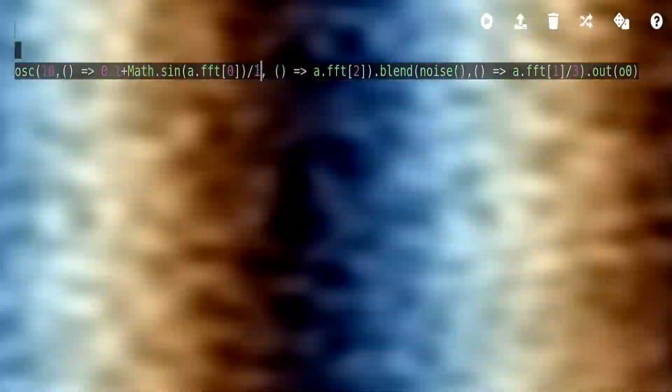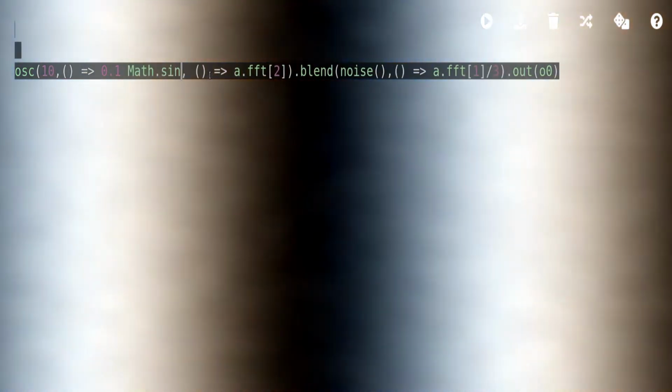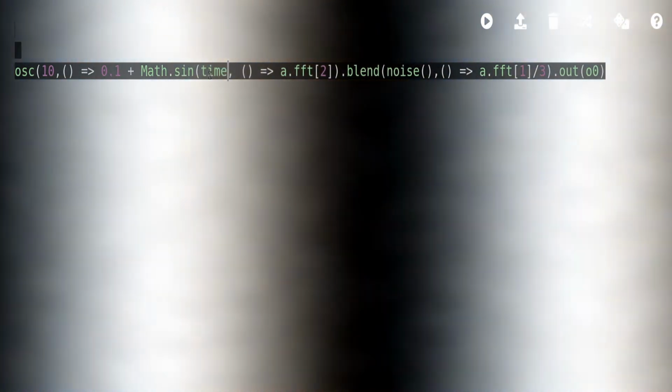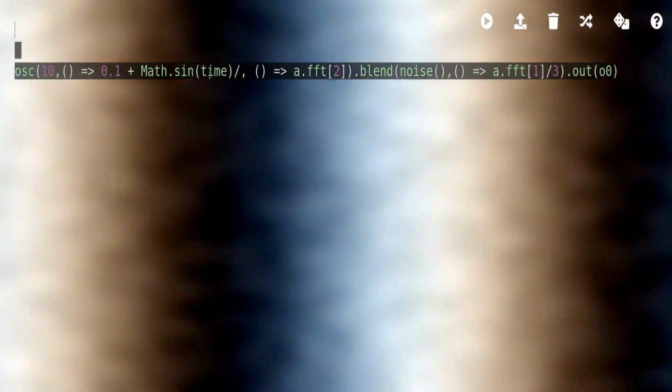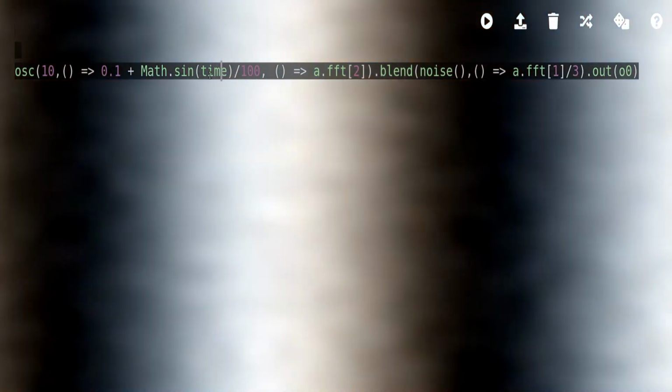Jeez, it's still flashing really hard. That doesn't make any sense. Why is it still so big? Sometimes I swear I do not understand the ways things work, because if I were to do something like this, that should be a very small effect.